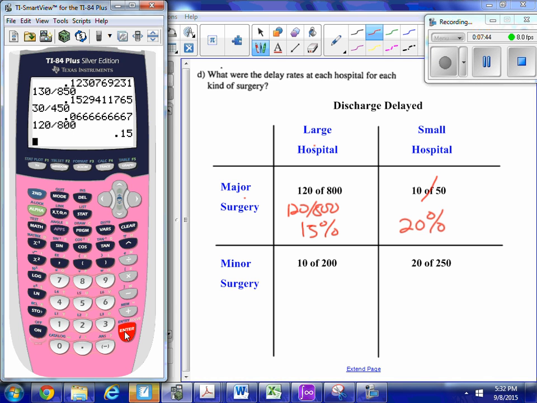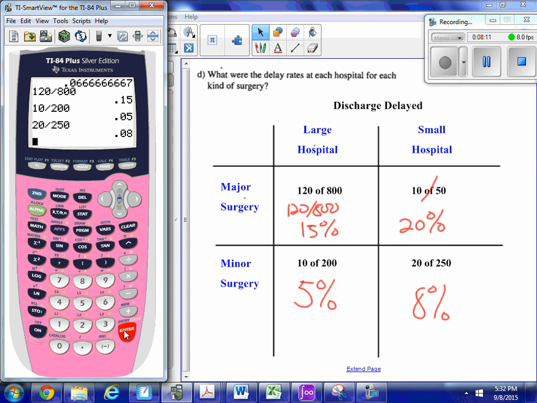For minor surgeries, 10 of 200, 10 divided by 200 is going to be 5%. So 5% on minor surgeries for the large hospital. And at the small hospital, 20 divided by 250, I have 8% on minor surgeries at the small hospital.